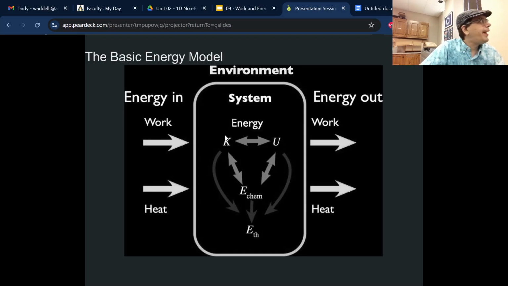And you might note that a lot of these, the arrows point both ways, but for thermal energy, the arrows point down and do not point back the other way. This is because of entropy. Entropy is going to trap energy inside thermal energy, and so that's where that's coming from.